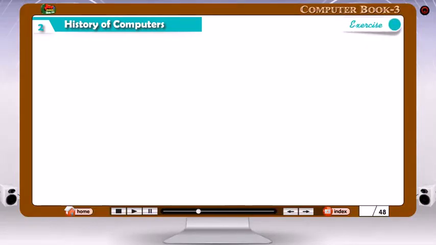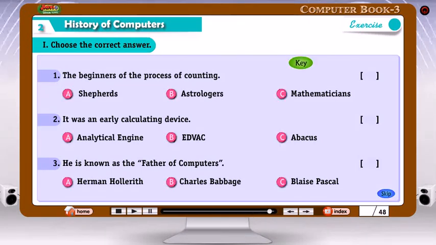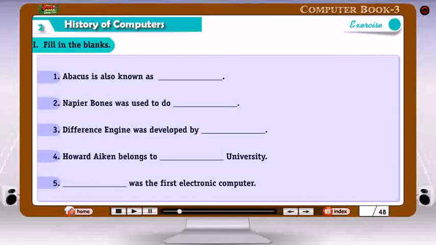Exercise 1. Choose the correct answer. 2.